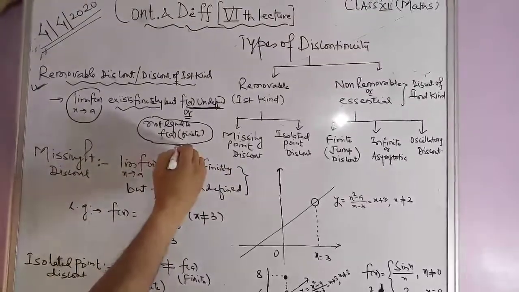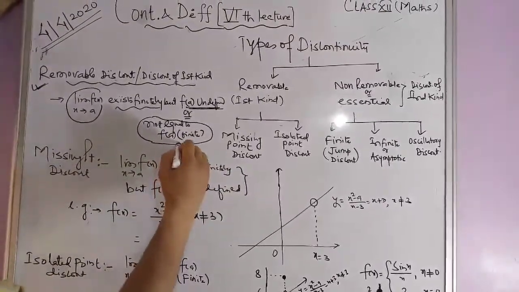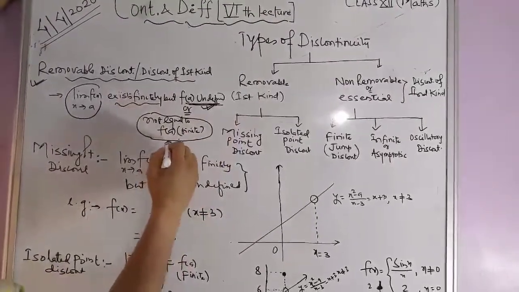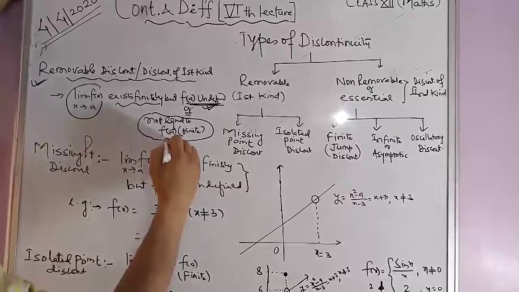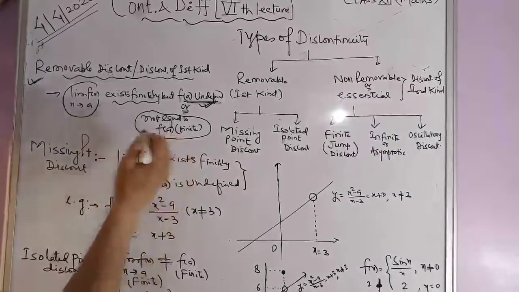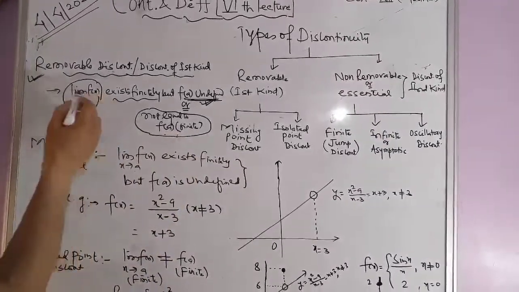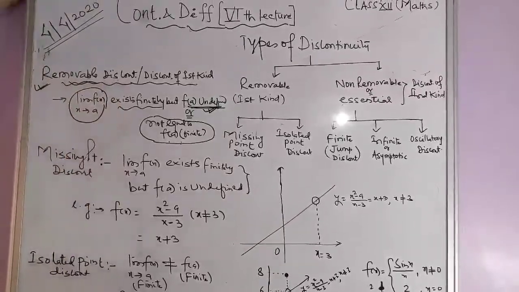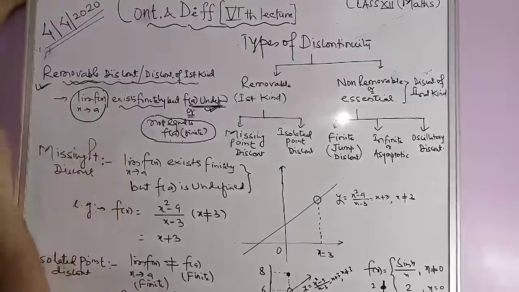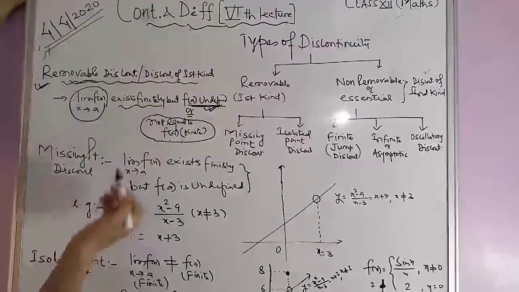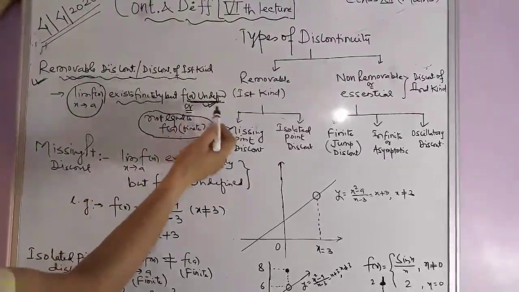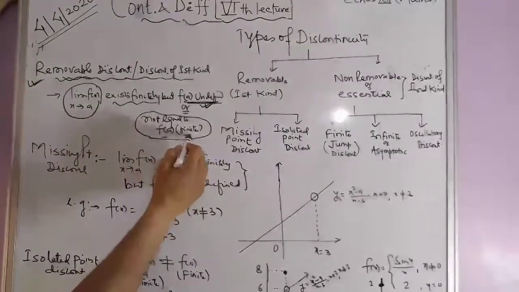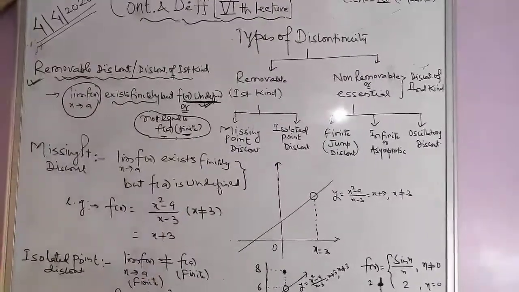Here we have two options: either f(a) is undefined, or f(a) is defined and a finite number but not equal to the limiting value. So in case of removable discontinuity, the limiting value exists finitely but either f(a) is undefined or not equal to f(a), where f(a) is finite.